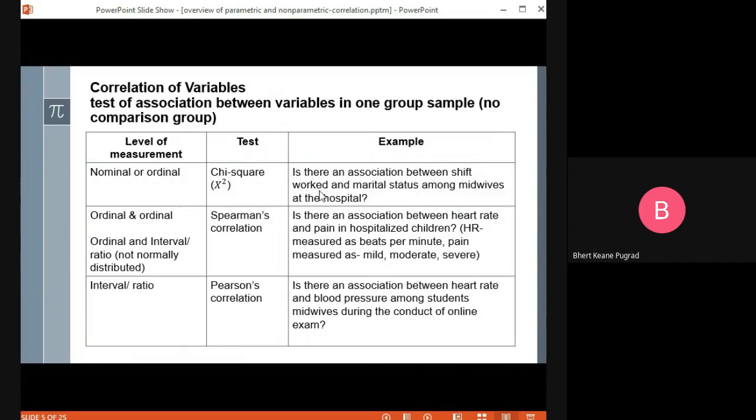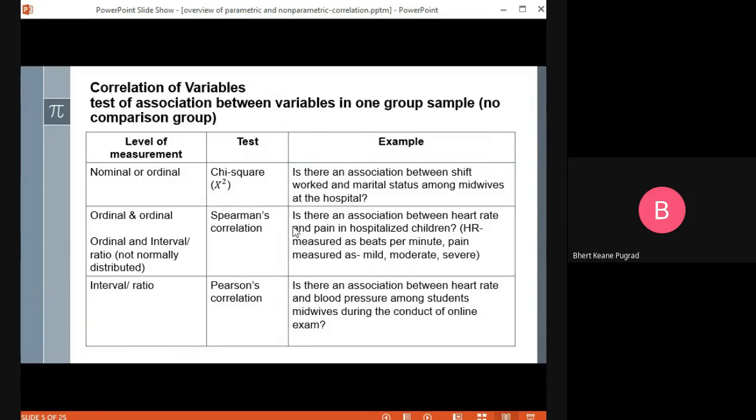Your marital status is also nominal data. So if you're going to test the association between two categorical variables, the test that we are going to use is a chi-square. The symbol of chi-square is x, with a superscript 2.